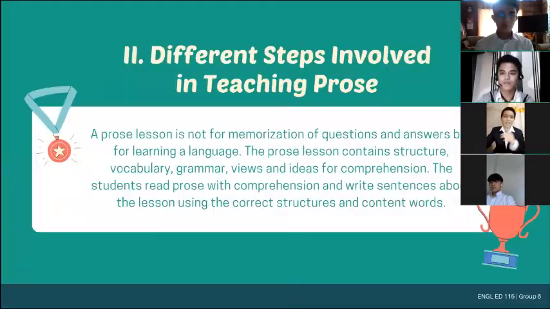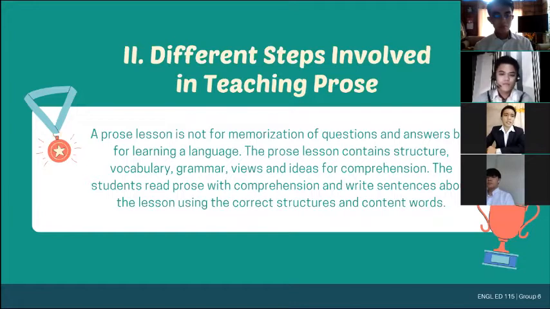May we go now to the next slide, which is the different steps involved in teaching prose. A prose is not for memorization of questions and answers, but for learning a language. The prose lesson contains structure, vocabulary, grammar, views, and ideas for comprehension.